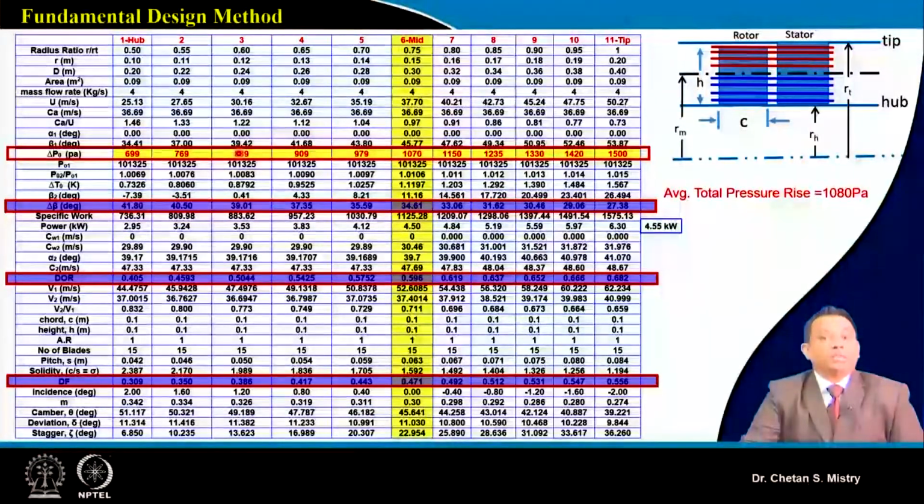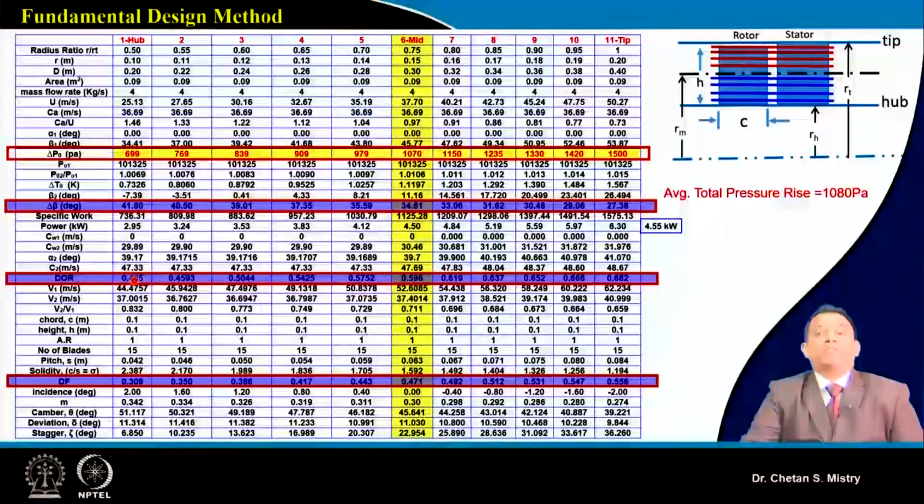Do not get confused, this is based on a number of iterations, a number of trials. Maybe you can put one plot here where you plot the change of your radius, along with your delta beta, or one of the observed parameters, say degree of reaction, or maybe diffusion factor. It's your choice, but it needs to have a particular trend.